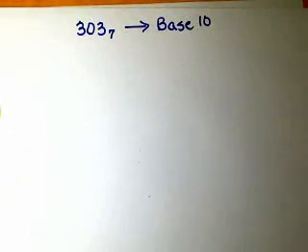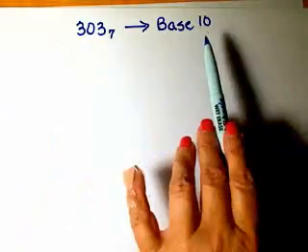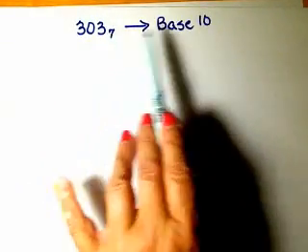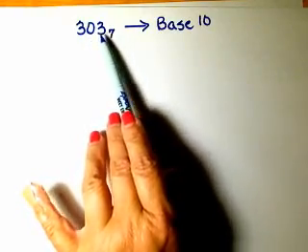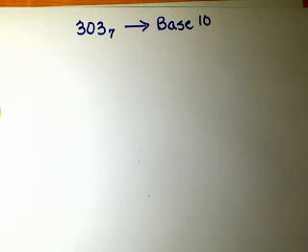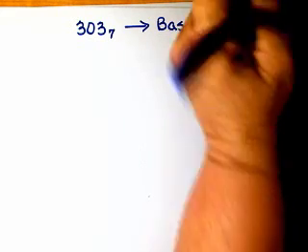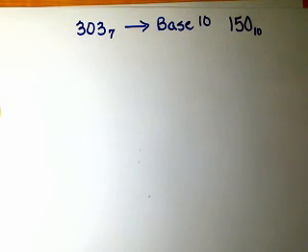So pause the video and try to take it backwards, from base 7 to base 10. You're going to use your powers: 7 to the 0, 7 to the first, 7 to the second. Pause your video right now and see if you can work out what 303 base 7 is in base 10. If you got 150 base 10, you're correct.